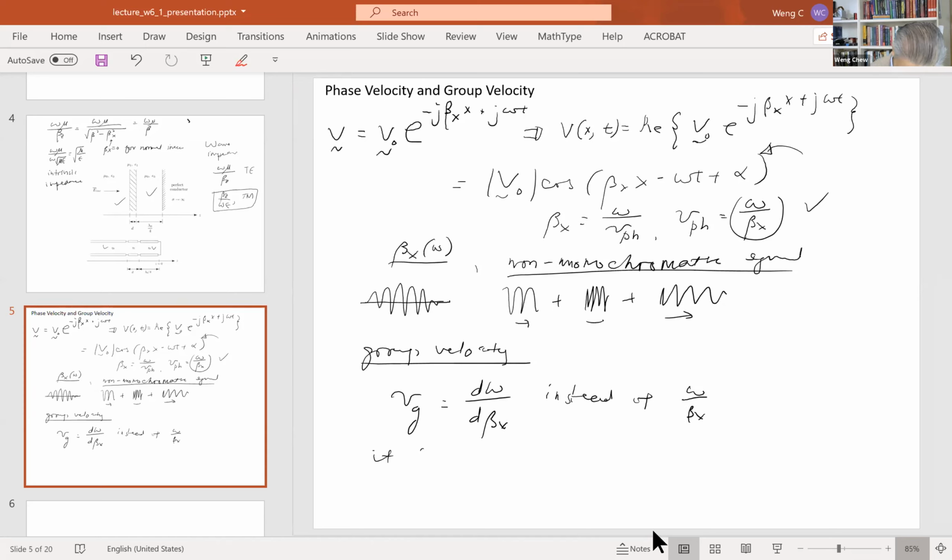It is a narrowband concept. As you can see, the derivation is only valid if the signal is narrowband. If the signal is very broadband, there's no such thing as a group velocity. Okay, let's see how we can see this.